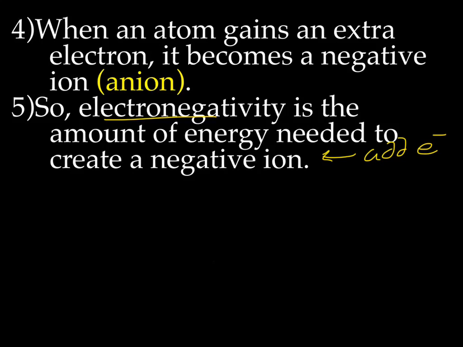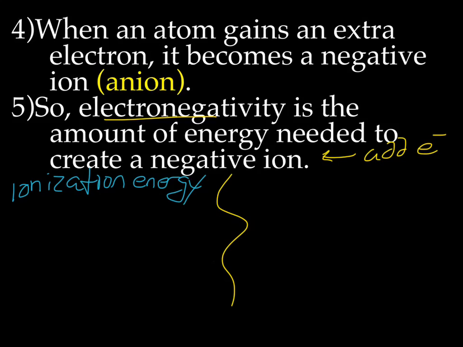All right, I want to give you a quick little analogy. It's not the best analogy, but it might help. We'll see. All right, so we've got ionization energy on one side. And then we'll talk about electronegativity.